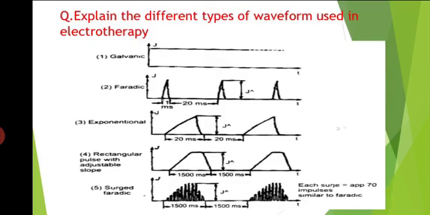Now we will see the different types of waveforms used in electrotherapy. First one we will see is the galvanic current. This waveform is shown here. When a steady flow of direct current is passed through a tissue, its effect is primarily chemical.